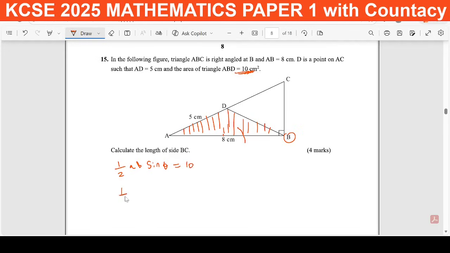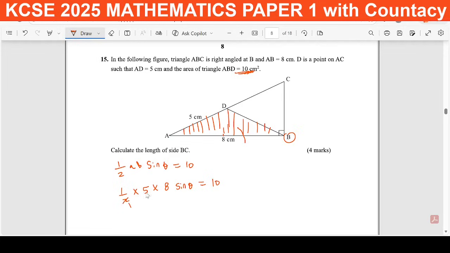Let's go ahead and replace the values that we have to be able to get the value that we do not have. So for our case, AD will be this length, that is 5, and AB will be this length from here to here, which is 8. We don't have sine theta, we just write sine theta, is equal to 10.